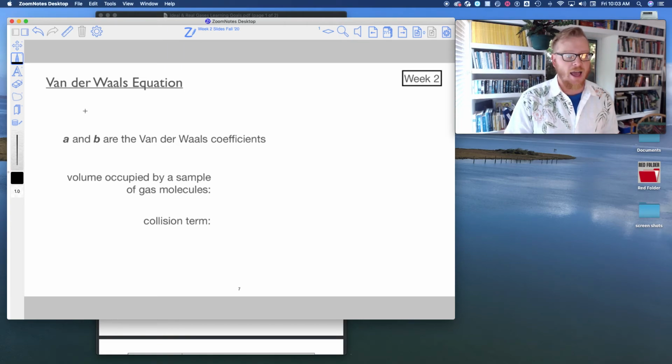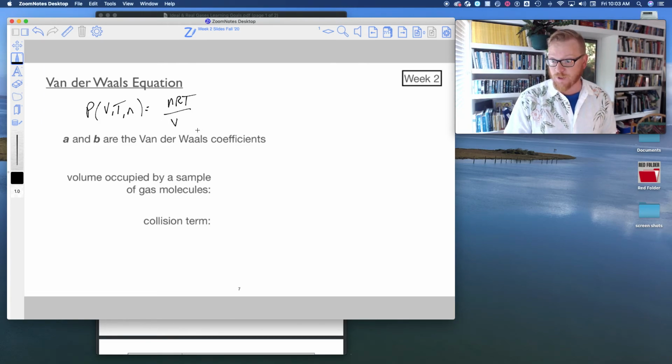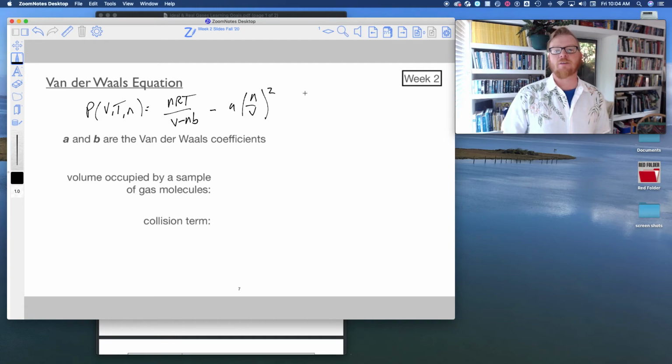And I'm going to write it as a state function, P as a function of V, T, and N, equals nRT over V, so looking kind of familiar, but now that's minus nb, okay? And then we have that correction term, minus the collisional term, a n squared over V squared, okay?